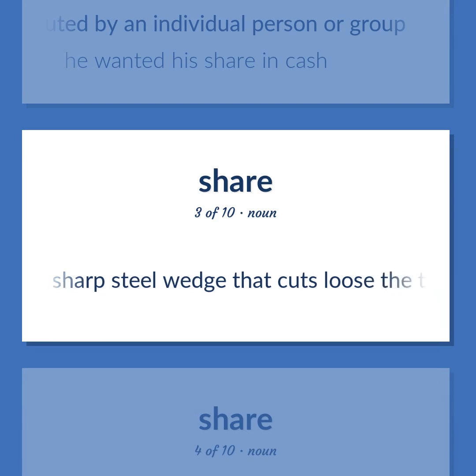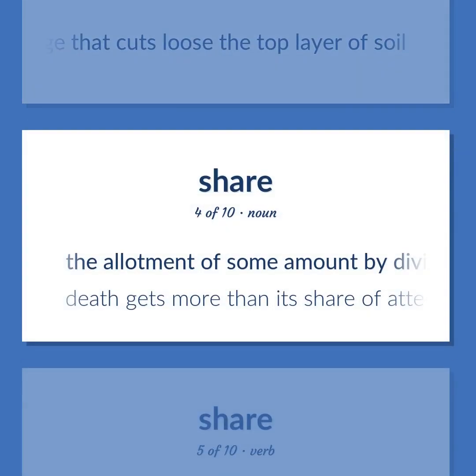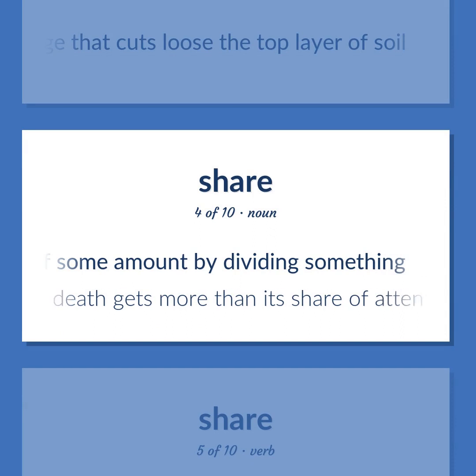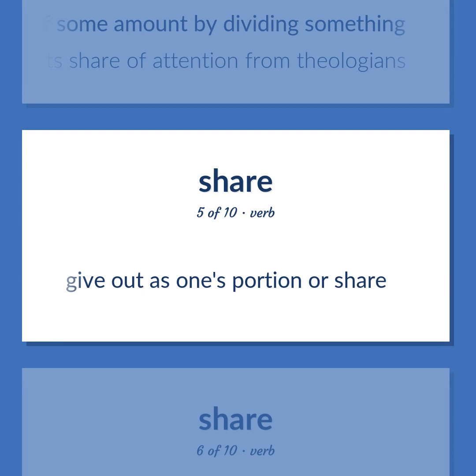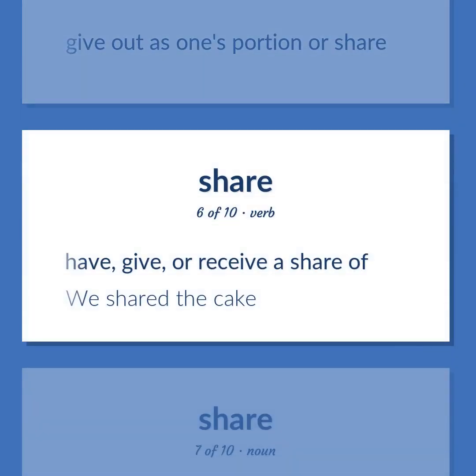A sharp steel wedge that cuts loose the top layer of soil. The allotment of some amount by dividing something. Death gets more than its share of attention from theologians. Give out as one's portion or share. Have, give, or receive a share of. We shared the cake.